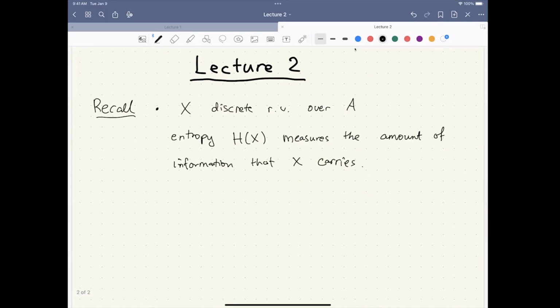And there are two ways to define this entropy. The explicit way of defining it, we mentioned it last time: h of x equals the sum over all instances x of A, of the probability that X equals little x times the log of the reciprocal of this value.